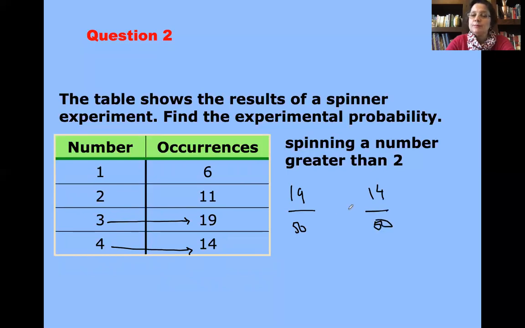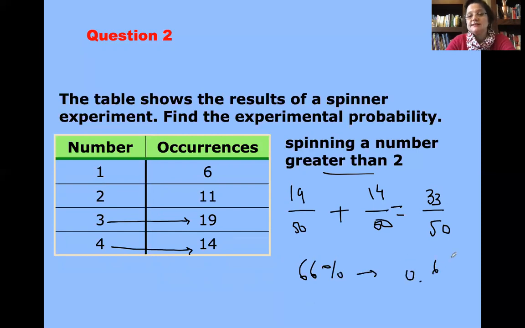Both of them together, the probability of getting a 3 or a 4, is 33 out of 50. If you want to change this to a percentage, it is 66%, and as a decimal number, obviously, it is 0.66.